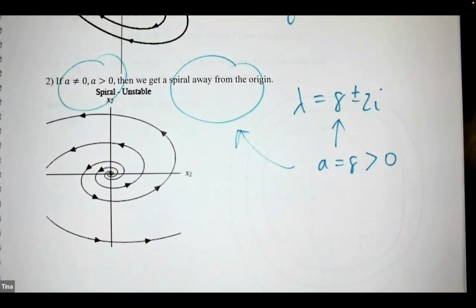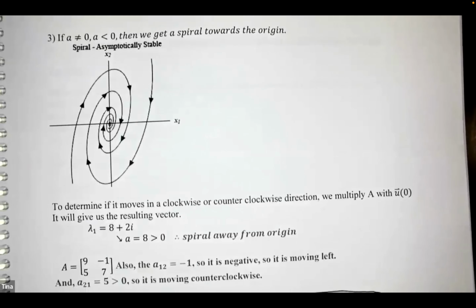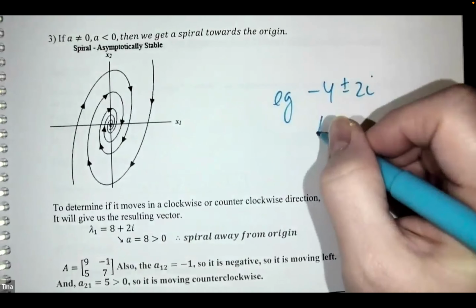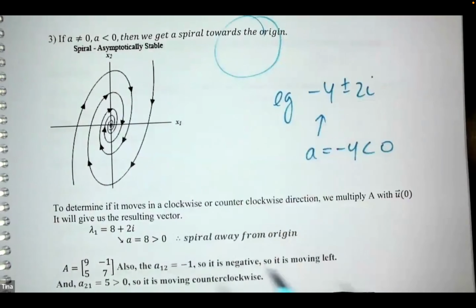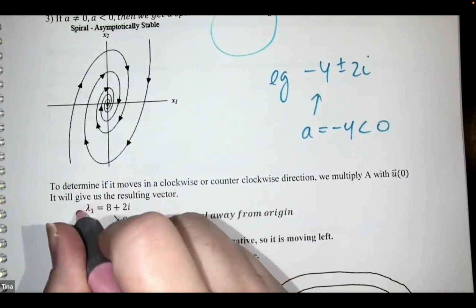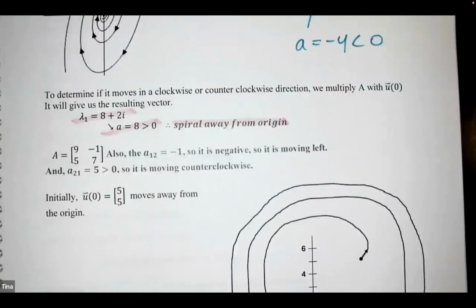If your a is negative, then it's going to spiral towards the origin. So like this, let's say we have something like this, then that's a negative, so that will spiral towards the origin. So for my example, I gave you 8 plus 2i, so that's going to spiral away. Okay.